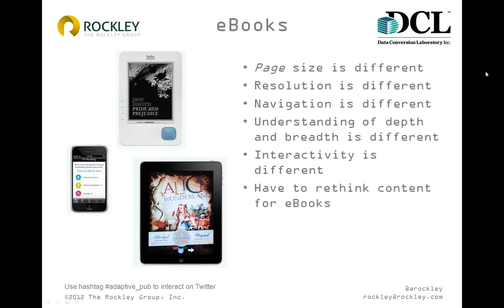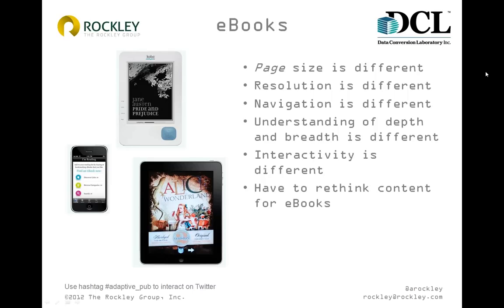We also have the whole area of ebooks. And ebooks can be read on a dedicated e-reader like the Kindle, we're showing the Kobo there, or it could be read on a smartphone, on a tablet, those sorts of things. But again, the whole thing is happening over again. Page size is different, resolution and navigation is different, et cetera, et cetera.